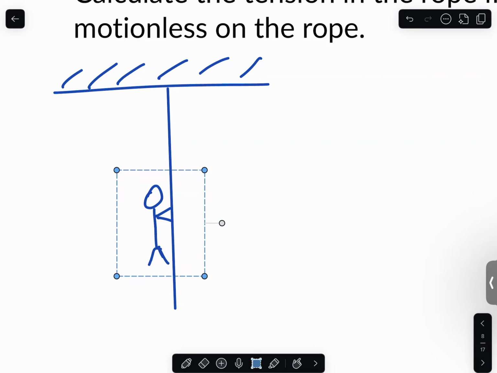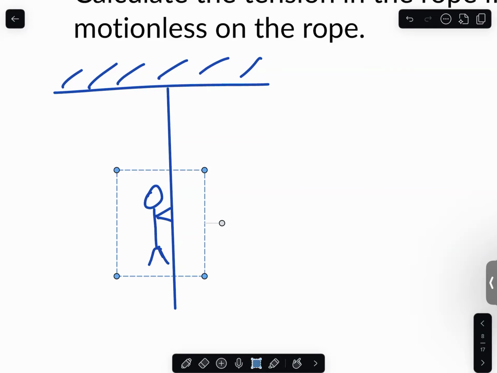What forces act on the object? That's all I want you to tell me. One more time, question A: simply identify what forces are acting on them.